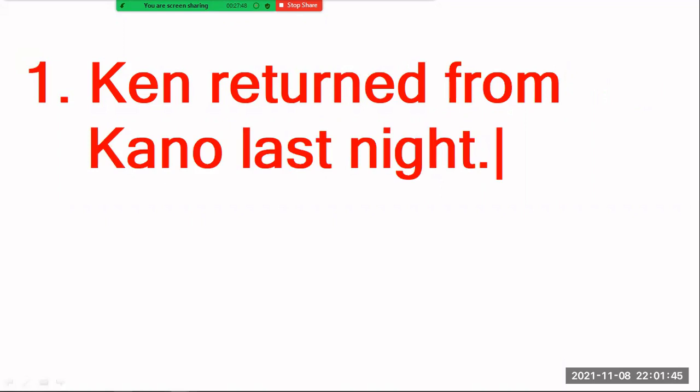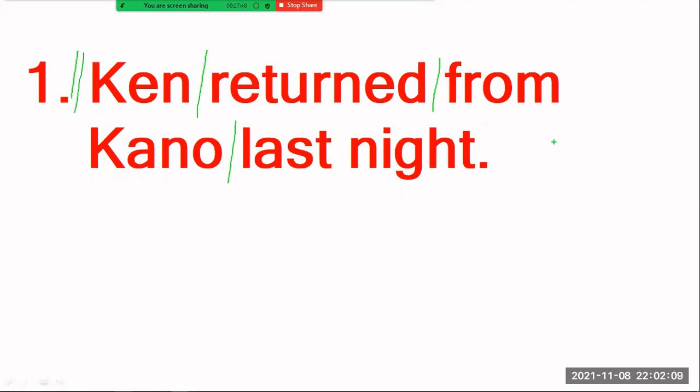So here you can see exactly the structure of the sentence. Cain is the subject. Returned is the verb.